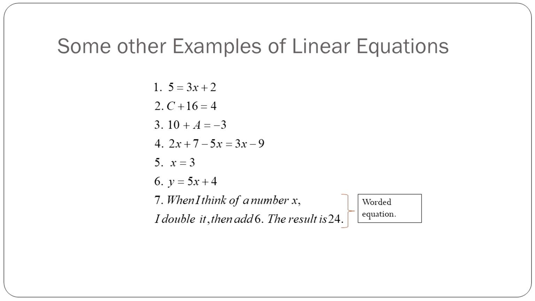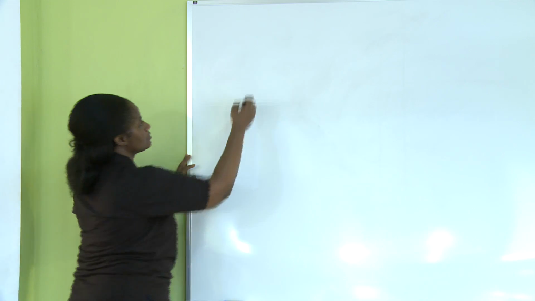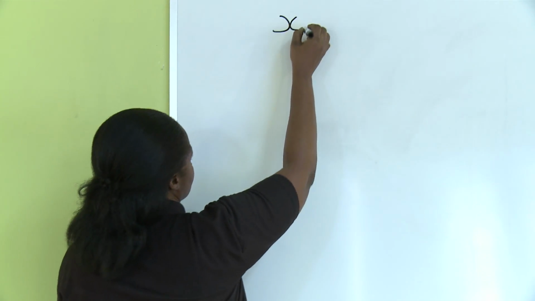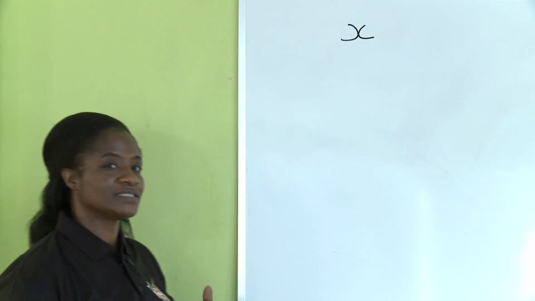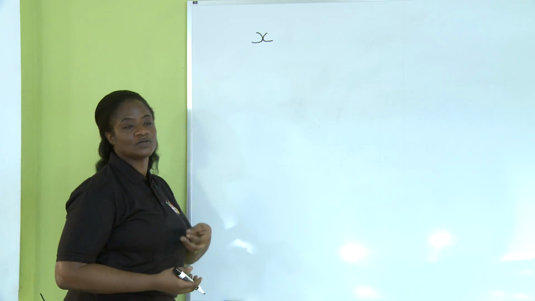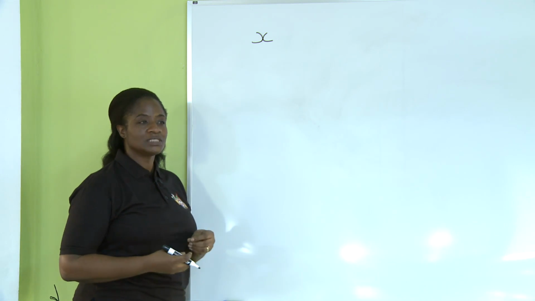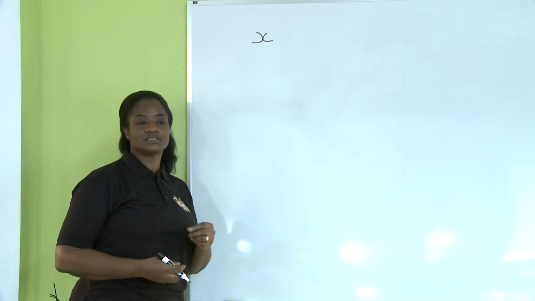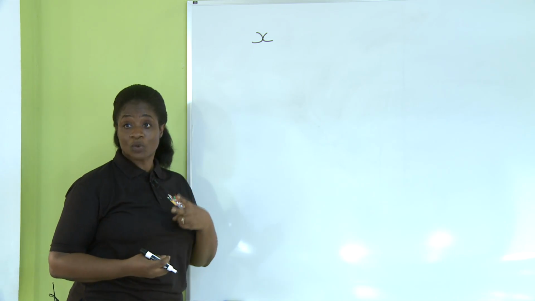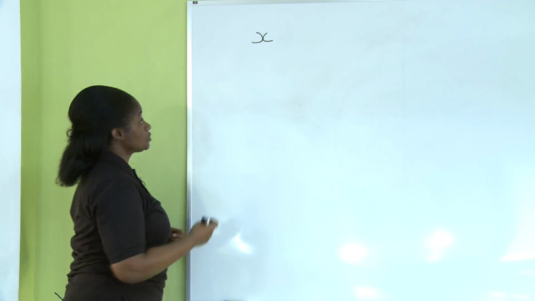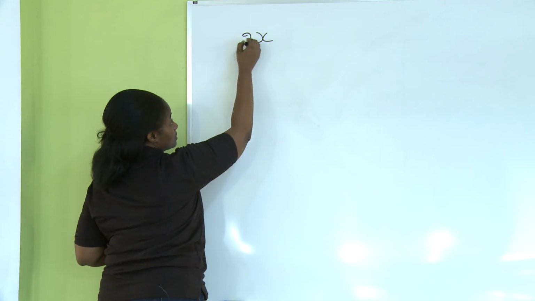It says, when I think of a number x, so I would write x, I double it. In mathematics, when we double an entity or a quantity, it means multiplying that quantity by 2 or adding that quantity twice. So I'll choose multiplying that quantity by 2.